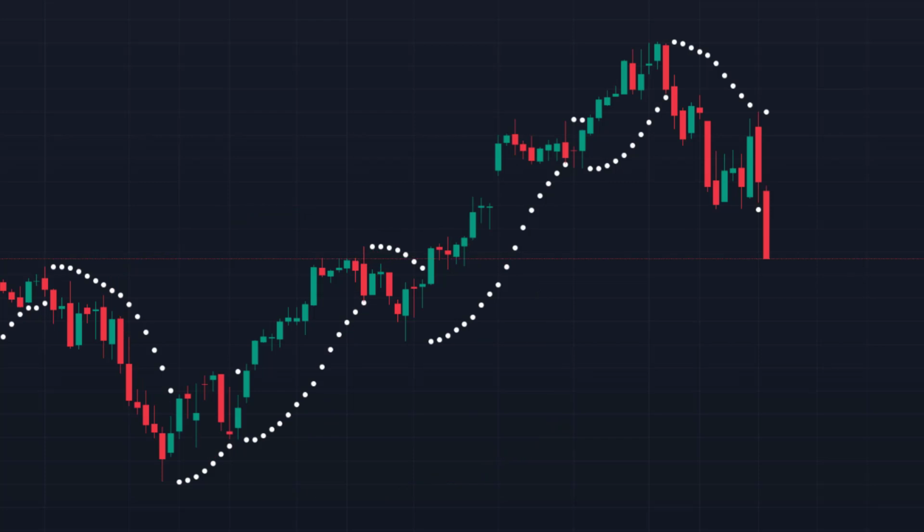Now, for me, it has a few weaknesses. One is obviously when we get the more sideways moving markets, and also the fact that we're constantly getting signals in here.